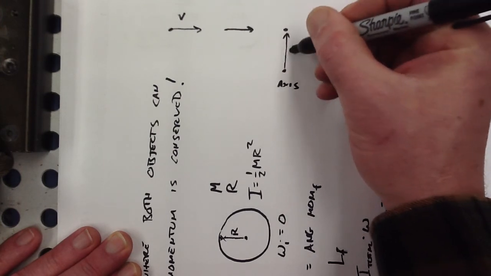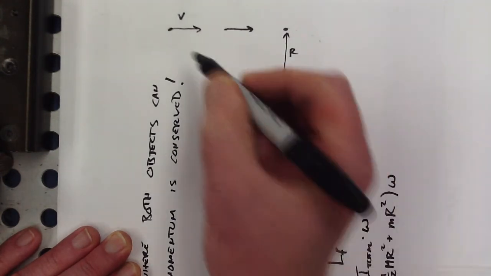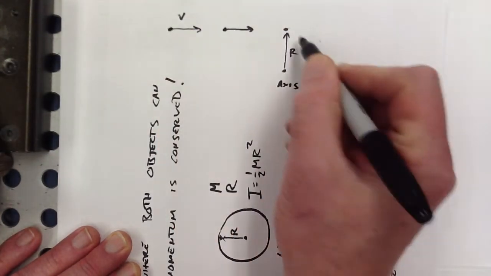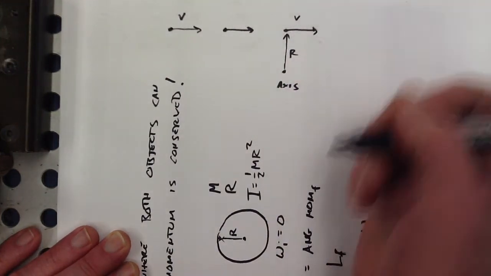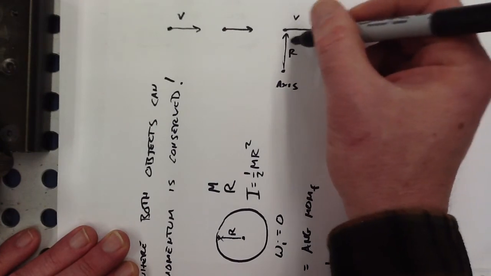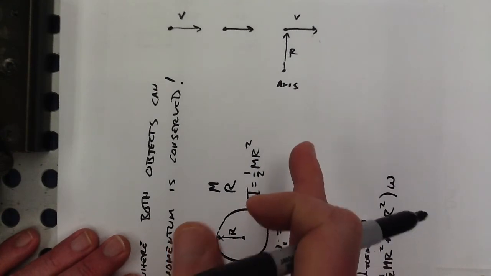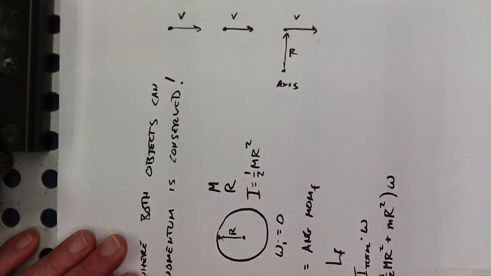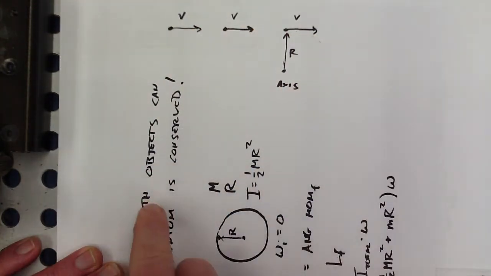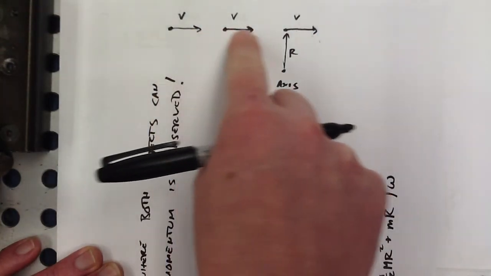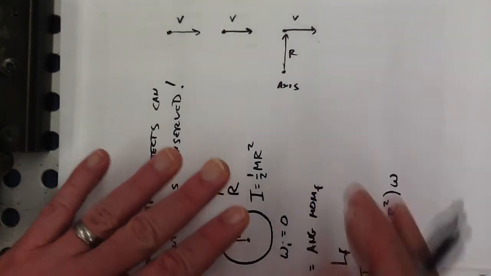So here's the R. That's the R of the merry-go-round is here. So here's the kid here, here's the kid here, and then here's the kid when the kid jumps on. I was looking at this saying, oh, RMV sine theta, the angle's 90 degrees, so that's all easy. But is it in fact true that the angular momentum of the kid is constant as the kid runs? Let's say the kid just ran right past the merry-go-round. Is the kid's angular momentum relative to that axis constant? Answer is yes.